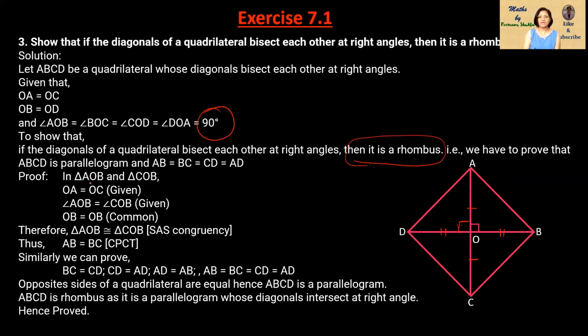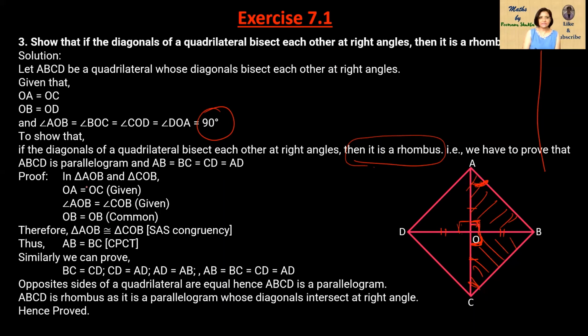So in that case, we are taking two triangles, AOB and COB. We are taking these two triangles. Here OB equals OB, this is the common side. Then angle AOB equals angle COB, this is given, and this equals 90 degrees.